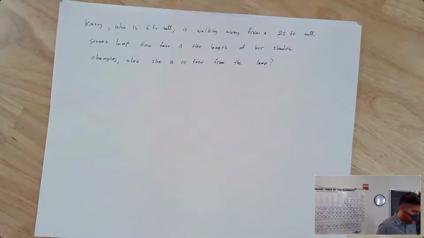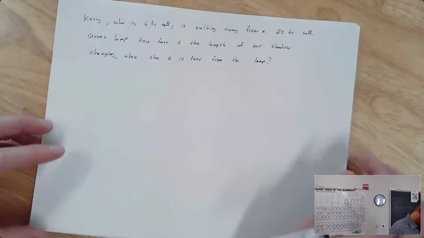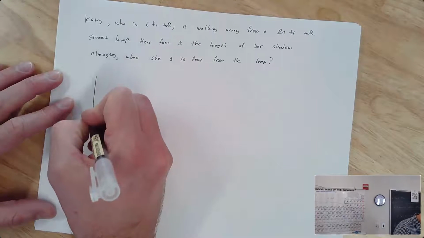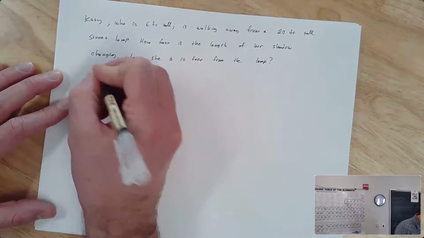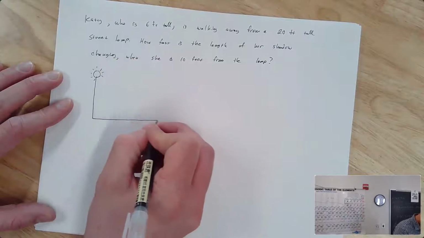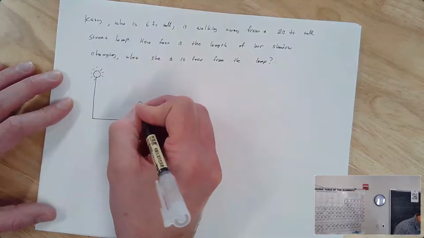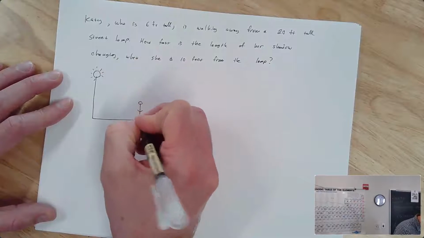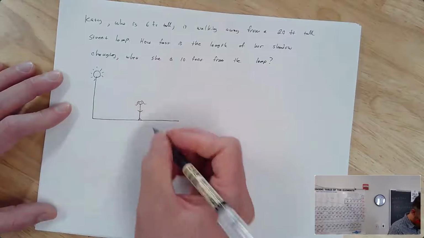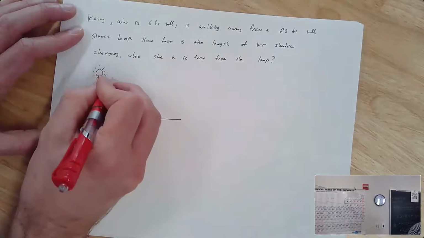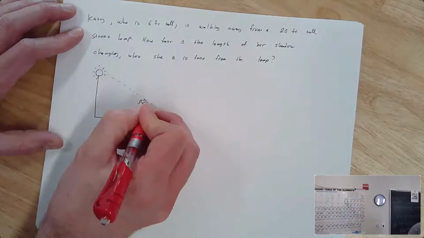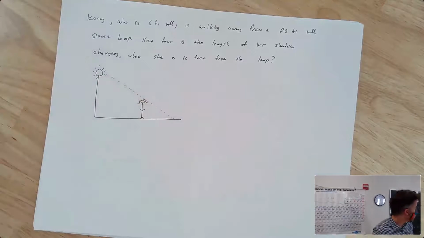All right, let's draw a picture. So here's the street lamp shining bright. Here's the ground. Here's Katie. And here's her shadow being cast, like that.